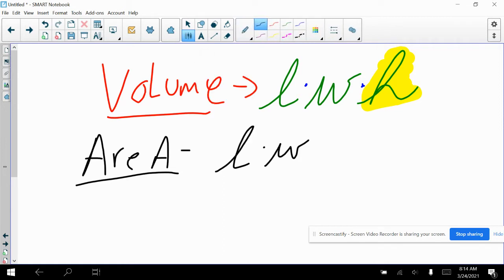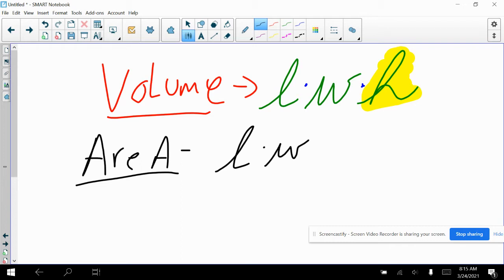If you just have length and width, it's probably flat and it's probably a 2-dimensional figure. Another word for height that they use would be depth. That is correct. Height or the depth of something. Usually those vocabulary words are talking about the volume. All right, we good so far?